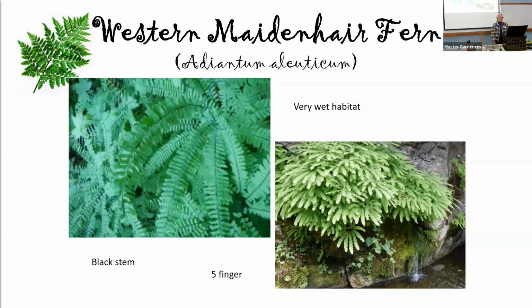The Quinaults would burn the leaves and use the ash in their hair to make it shiny and dark. California natives used the stem for pierced earrings, either alone or they might attach a feather or something to them. Put them in their earlobe to keep the hole from closing.